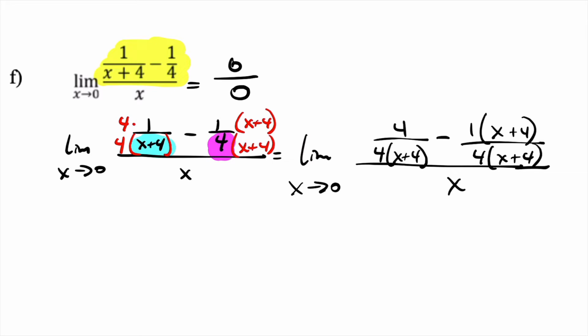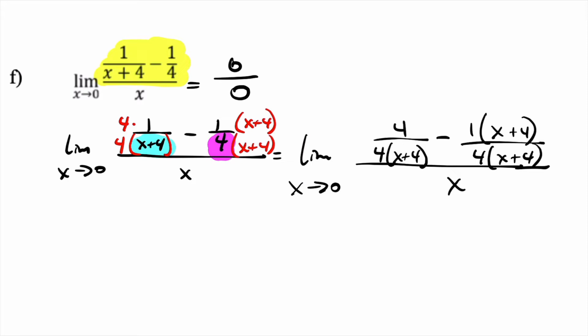The bottom is x. Common denominator now. Once I have common denominator, what do you do? How do you subtract them now? What's the rule for subtracting once you get a common denominator? You did the hard part. What's the easy part? Subtract the tops, right? Subtract the tops.